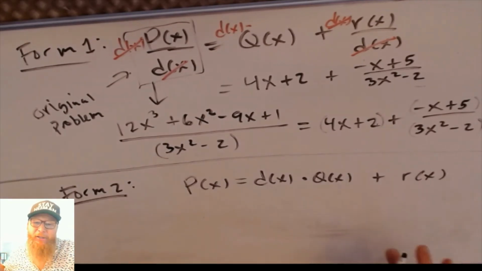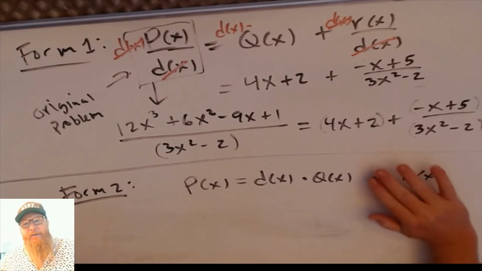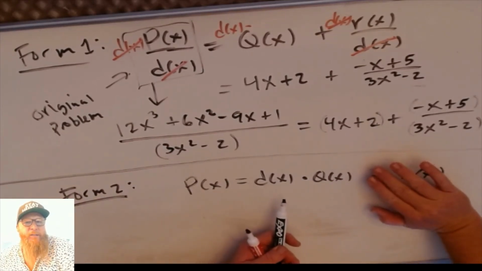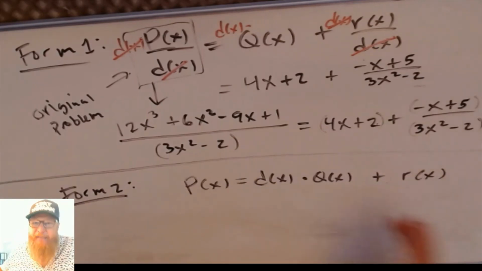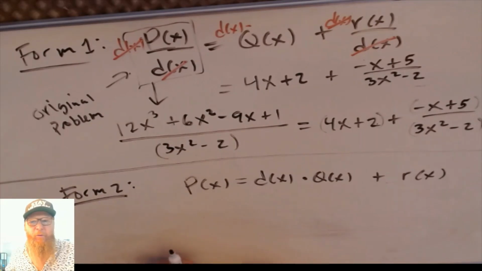Okay, and I just mentioned the factor theorem. So if the remainder is 0, this is what we would call factored form. But if the remainder is not 0, it's just called the other form, or I'm calling it form 2.